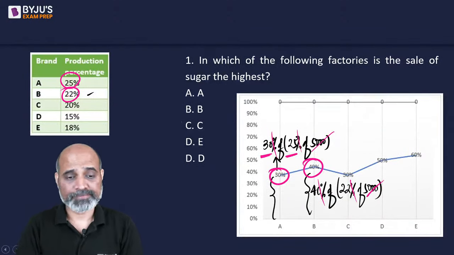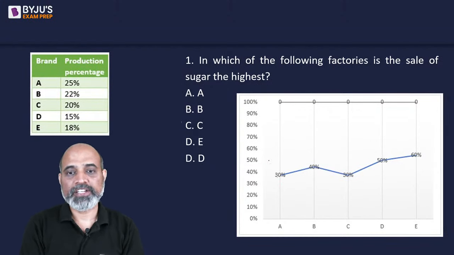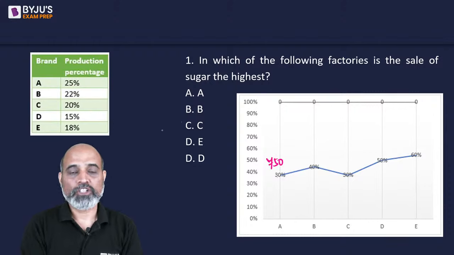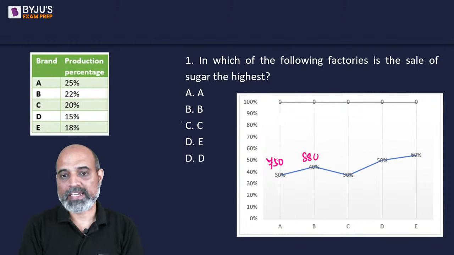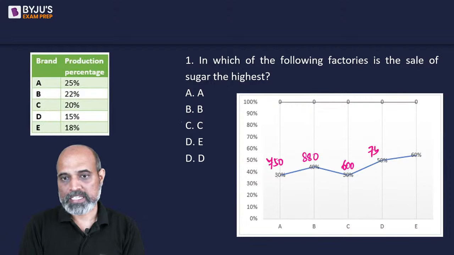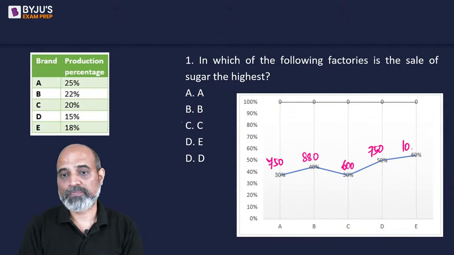That's all we have to do. For factory A, it's 30 into 25, which is 750. 40 into 22 is 880. 30 into 20 is 600. 50 into 15 is 750. 60 into 18: 18 into 6 is 108, followed by a 0.